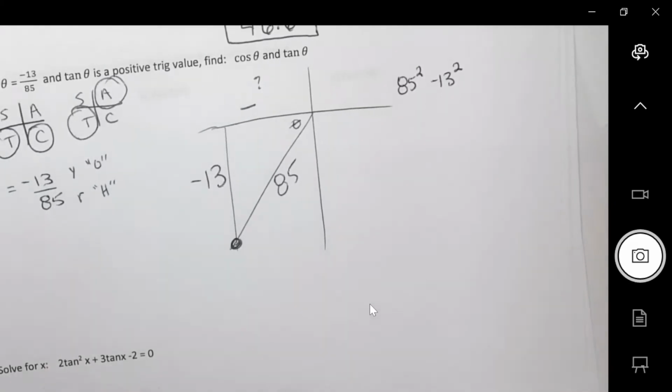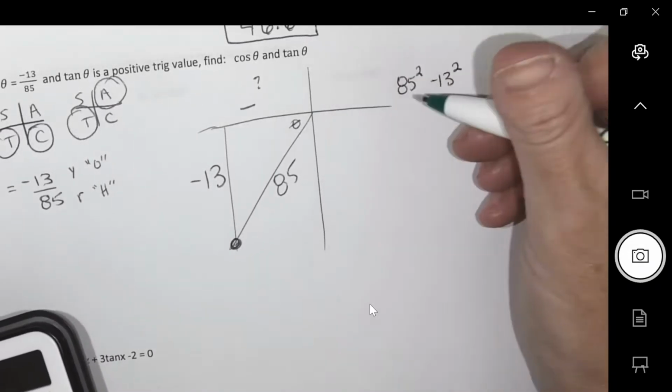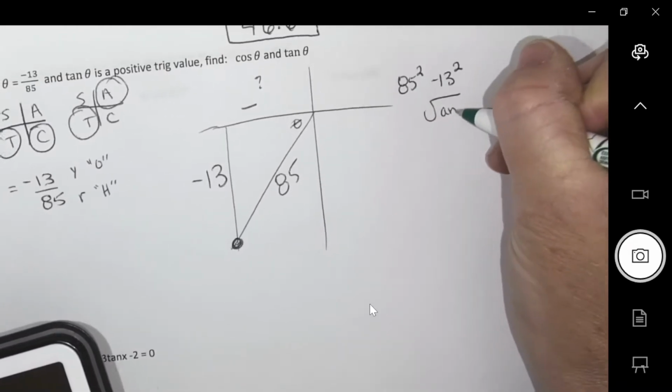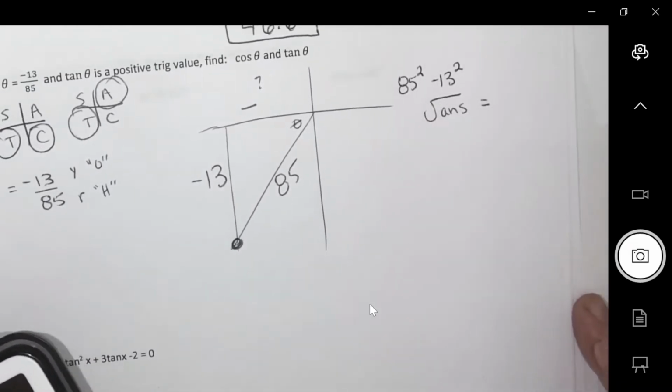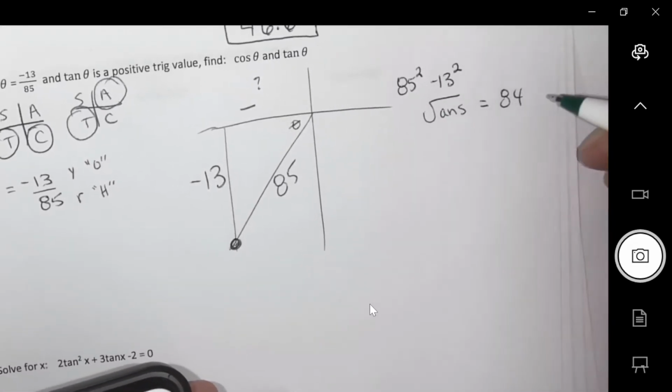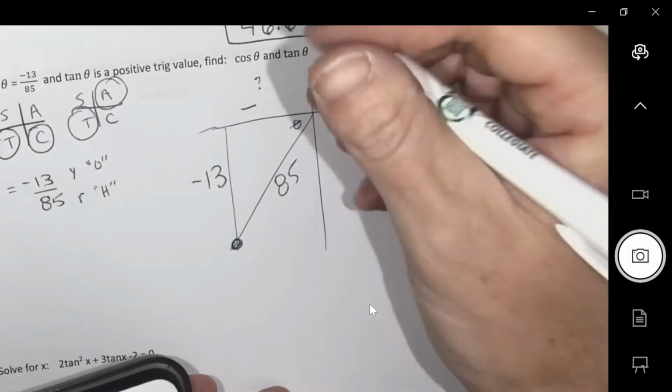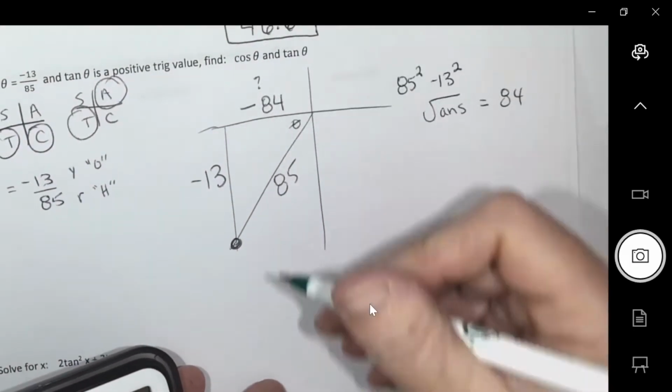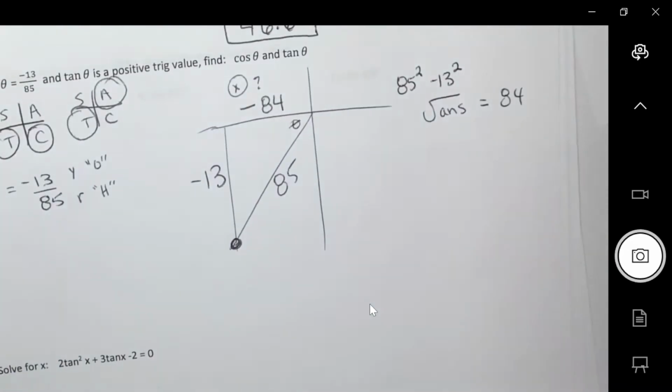So Pythagorean will be a subtract. And then you obviously have to square root it, because that's squared. And I get 84. So x, we solved for x. It's negative 84, because we already thought, okay, is it positive or negative? Got to remember that.